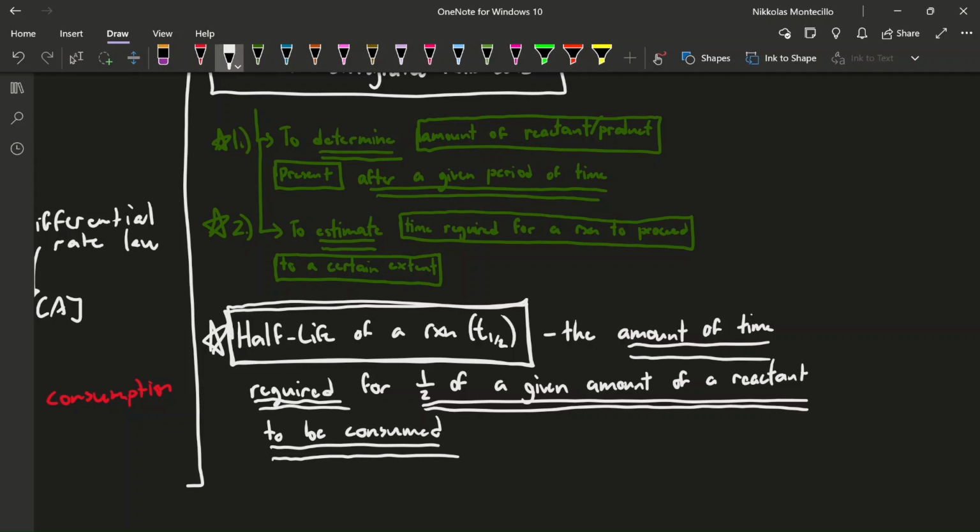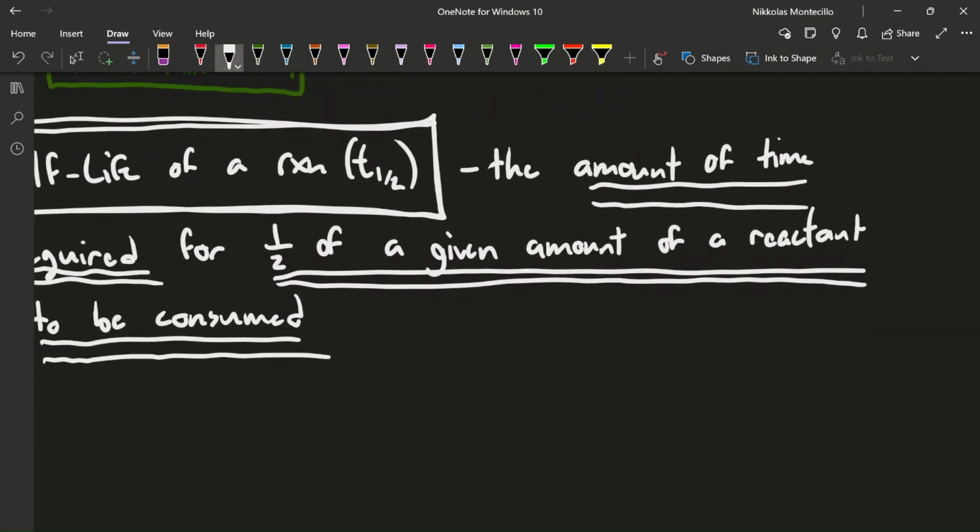So let's say, for example, there is 0.500 molar concentration of C2H6, and then we find that after a certain amount of time has passed, half of this concentration is left in the reaction.